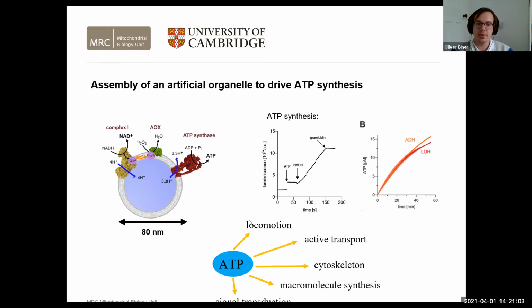So once you can produce ATP in synthetic cells, you can control a lot of different processes, such as locomotion, active transport, cytoskeleton synthesis, macromolecule synthesis, as well as signal transduction. And at the moment, I'm working on incorporating those synthetic organelles into synthetic cells to drive such other processes.